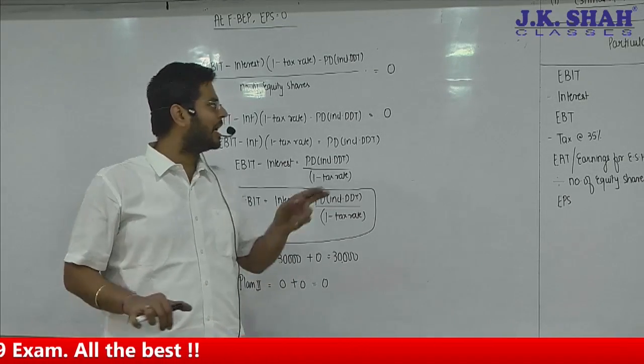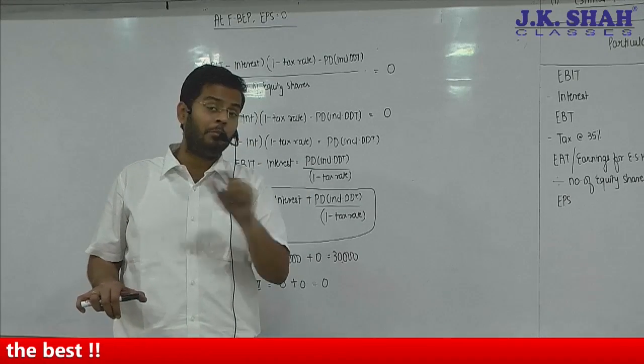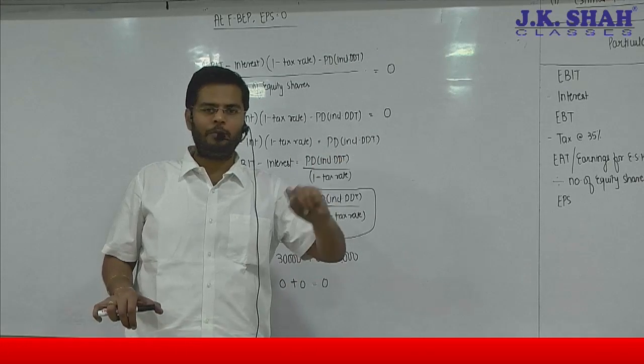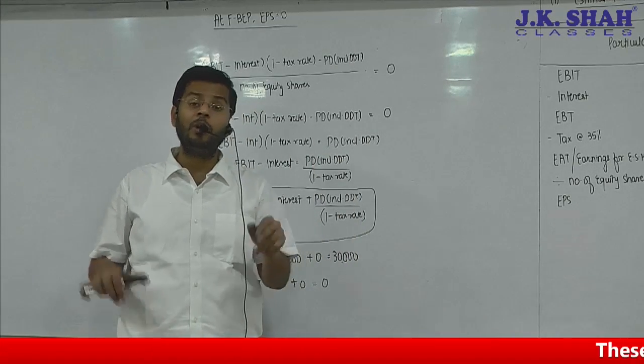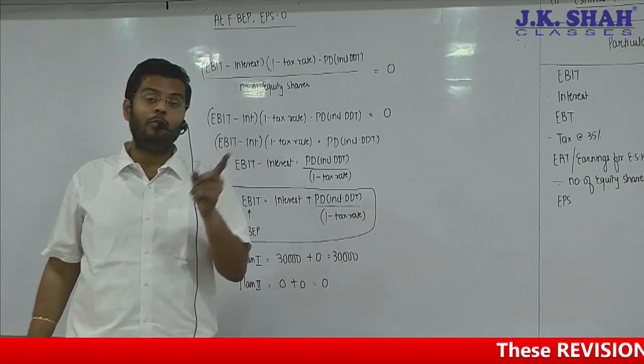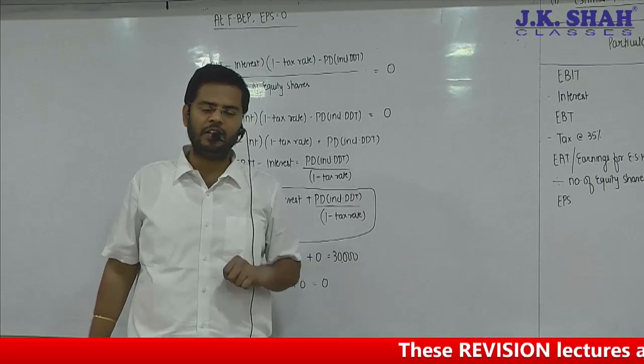So we calculated that EBIT minus interest into 1 minus tax rate minus the preference dividend divided by number of equity shares of plan 1 should be equal to the same formula but divided by number of equity shares of plan 2. In that equation, the variable that is to be found is EBIT. Once found, that EBIT is technically called as indifference level.